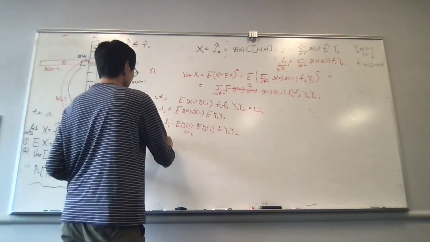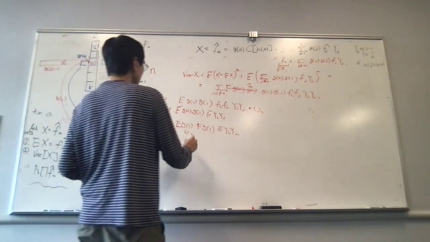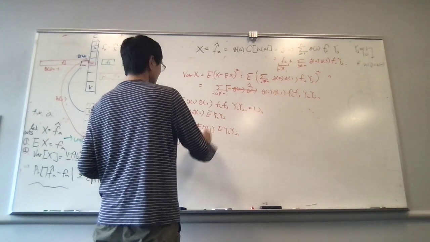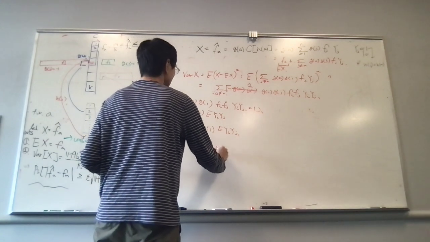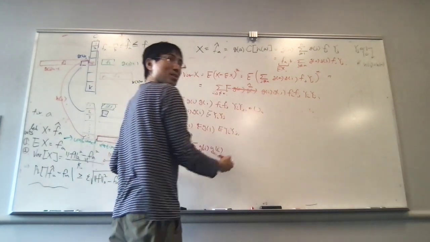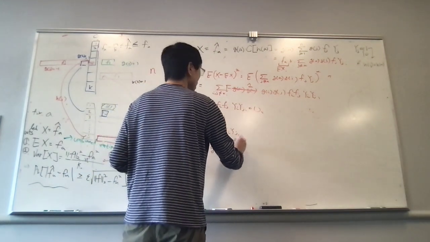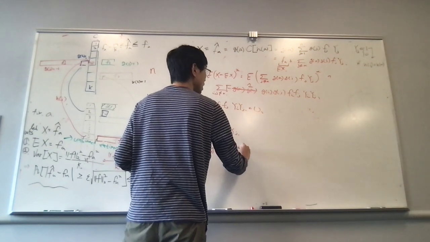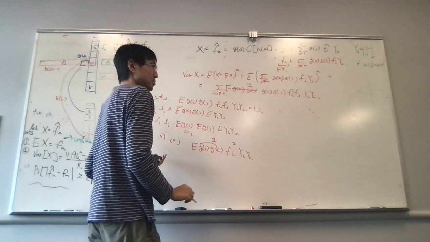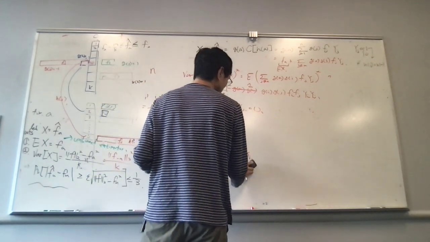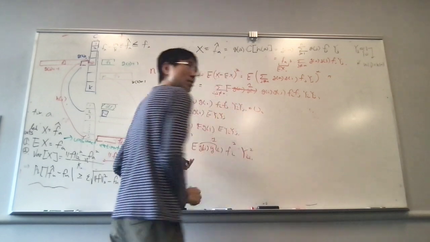Second case. i equals j. In that case, what is this, right? g_i is the same, g_i g_j, right? So this is 1. And f_i squared, and y_i y_j is the same, so it's y_i squared, right?